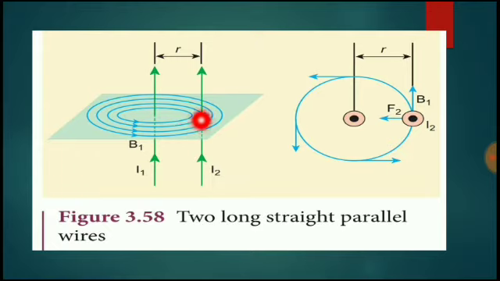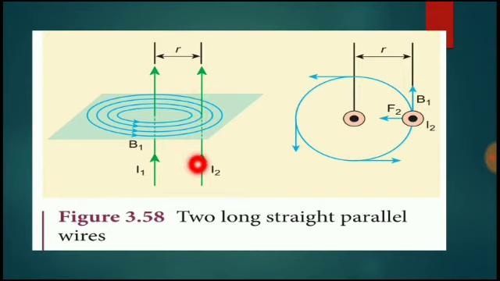So in this magnetic field, the I2 current conductor is also present. Do you understand? Again, I'm telling: due to the current flow, around this conductor a magnetic field is present. That is B1. In this magnetic field, the second conductor is present.